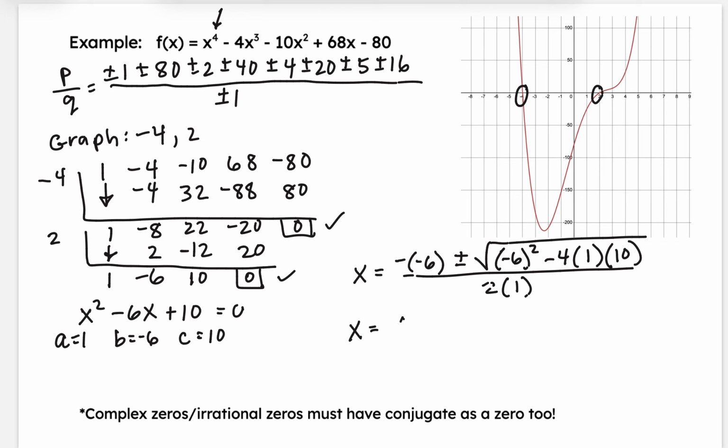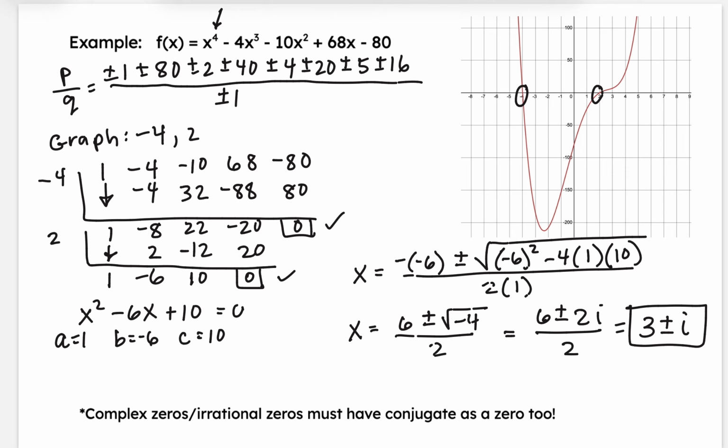So if I reduce this, I get 6 plus or minus, if I take that underneath the square root, I get -4 over 2. Now I know that I can't take the square root of a -4 on my calculator, but I do know the square root of 4 is 2, and I know the square root of -1 is i. So this is going to give me 6 plus or minus 2i over 2, which reduces to 3 plus or minus i.